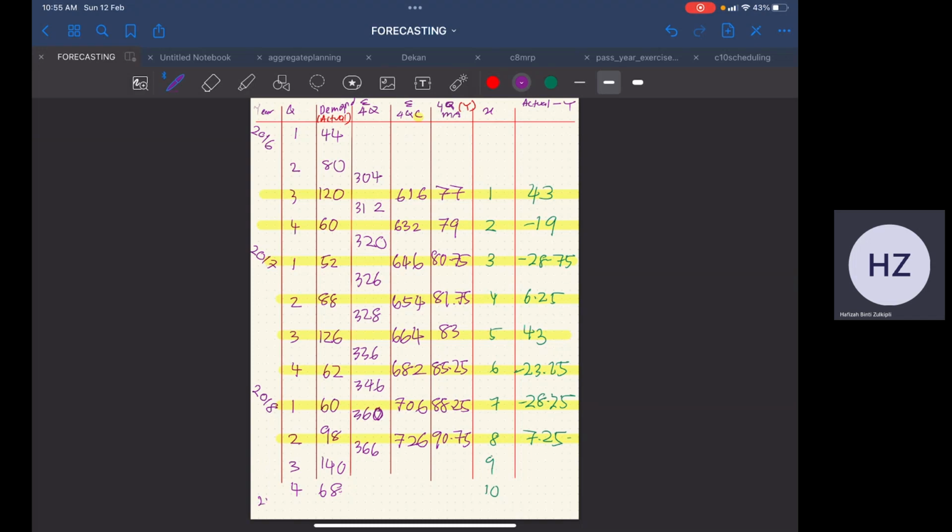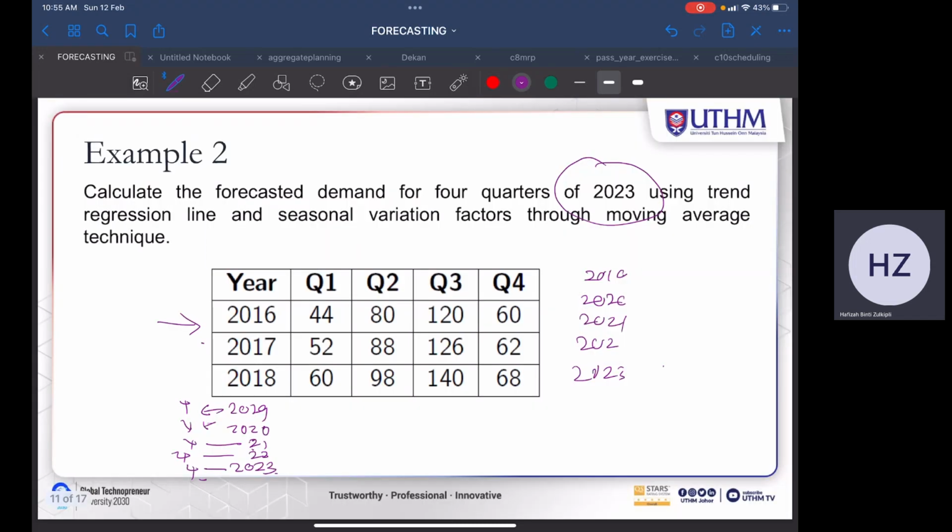So 2019 starts at 11: 11, 12, 13, up until 14. 2020, 15, 16, 17, 18. 2021, 19 up until 22. 2022 is 23 up until 26.